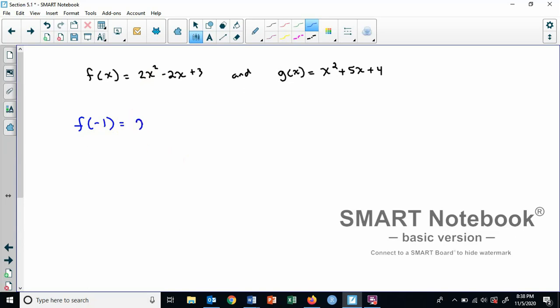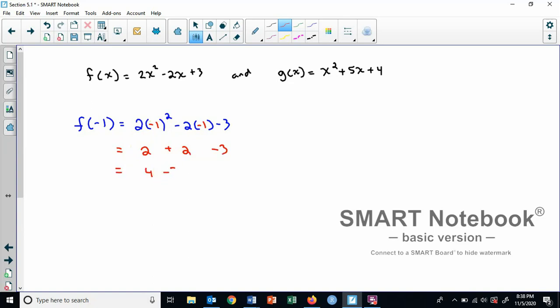Remember, if we do want to plug this in, I suggest you write the function with blanks for each x, and then put in the number -1, and then you literally can type this in your calculator exactly as you see it with the parentheses. That would be positive 2 plus 2 minus 3.